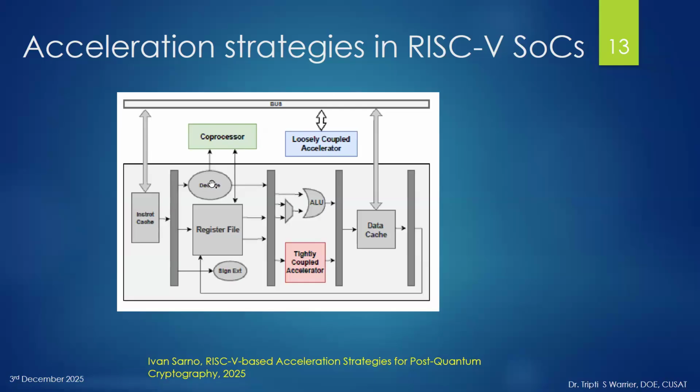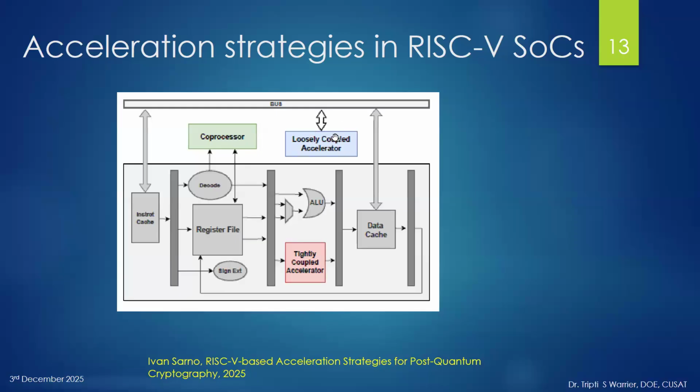So the decoder will identify that and direct those instructions to the co-processor, and the response will be updated in the register file itself, and there will be an interface that allows you to do that. Clearly it is not as tightly coupled as this, but because the decode stage is involved, you call the hardware through the decode stage, so it is closer to the processor. Now, when I explain the accelerator, you will understand why it is called loosely coupled.